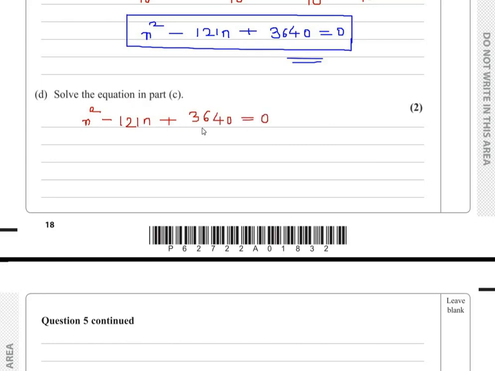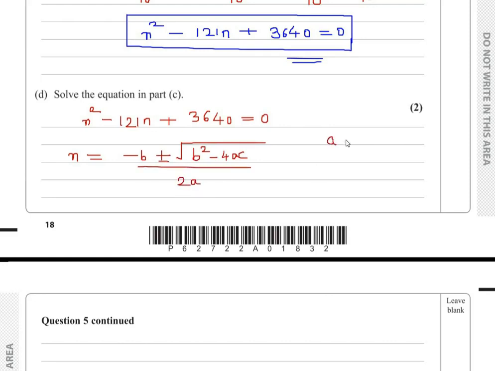So we have to solve this either by splitting the middle term, or by using the quadratic formula, or any other method like completing the square. Here I am going to use the quadratic formula, and the formula is n equals minus b plus or minus root of b squared minus 4ac, over 2a.